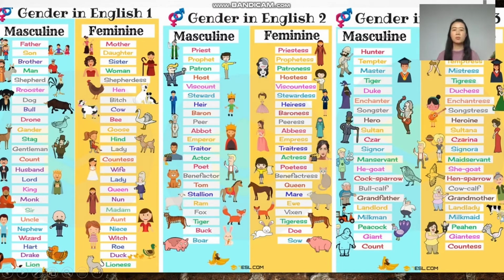You can see that we have several words that are separated into two ways of addressing the same thing, depending on their gender. If it is a male, we would say one way, and if it is female, that will be addressed in another way.